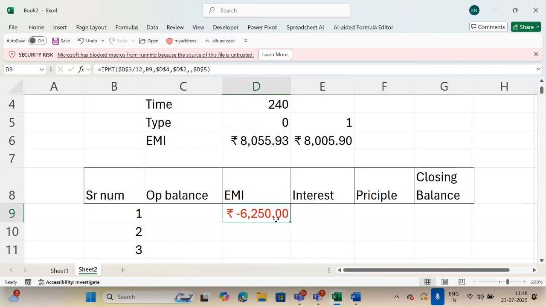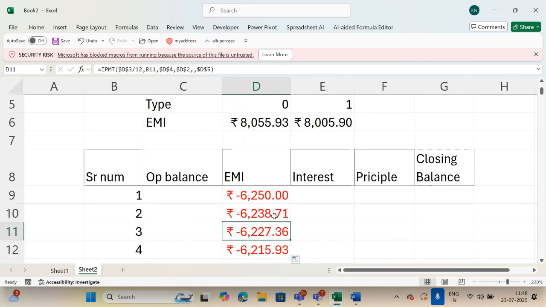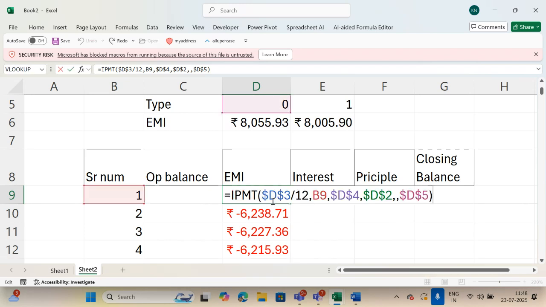Now you can just drag it, see, and match the interest with what you calculated. Just match this. Is it the same interest as what I calculated manually? Because that was the manual system, but this is the automated system. Just check please.